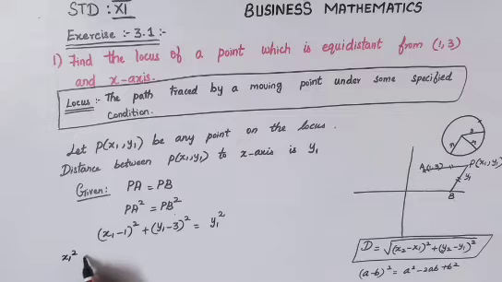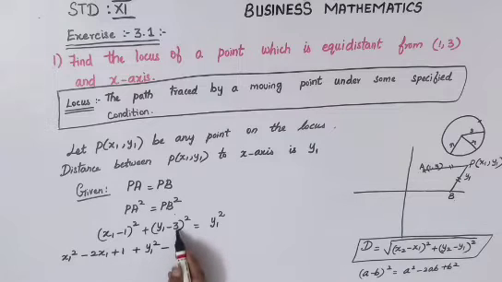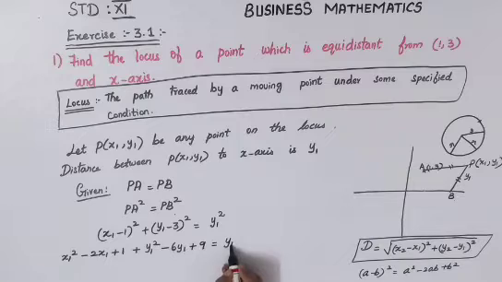So x1 square minus 2 into 1 into x1, that is 2x1, plus 1 square, which is 1. Plus y1 square minus 2 into 3, that is 6y1, plus 3 square, which is 9, equal to y1 square.